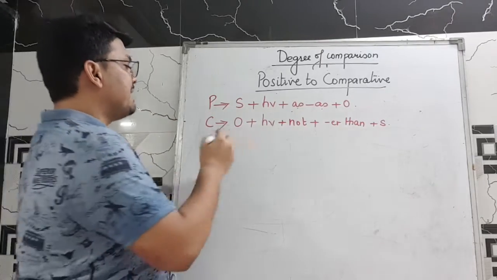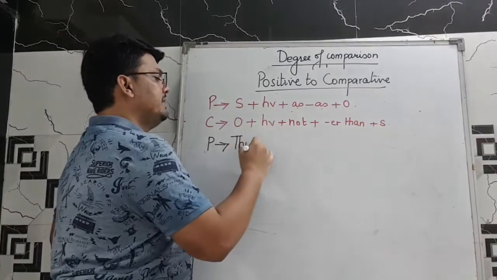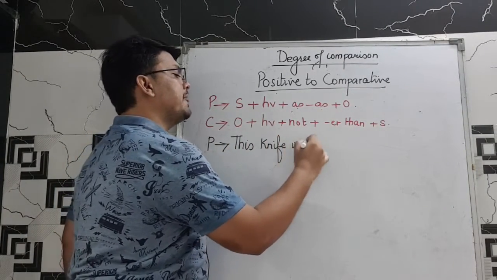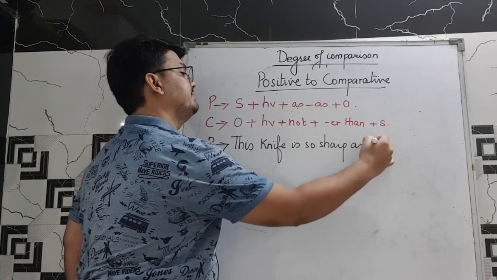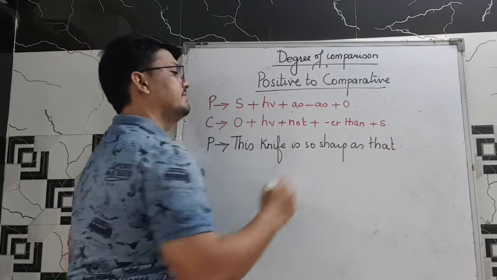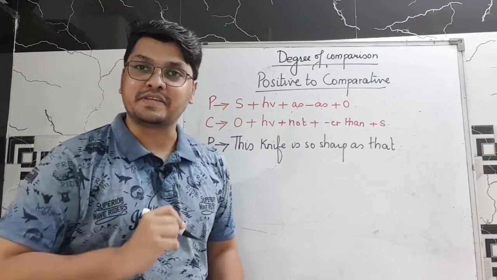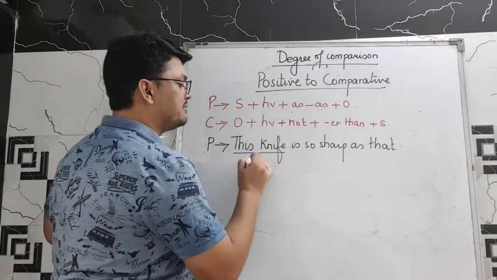Now let's take an example, student. This knife is so sharp as that. So first we will analyze this sentence. This knife is subject.